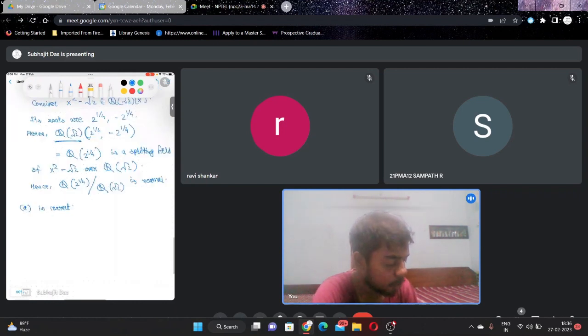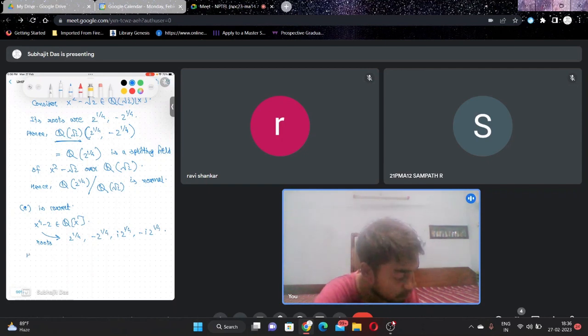If you look at the polynomial x to the power 4 minus 2 in Q[x], what are its roots? We just wrote it in option A. So the roots of this polynomial in C are 2 to the power 1 by 4, minus 2 to the power 1 by 4, i times 2 to the power 1 by 4 and minus i times 2 to the power 1 by 4, right?